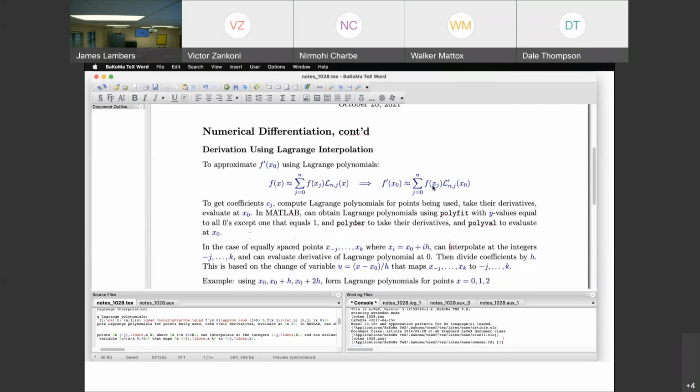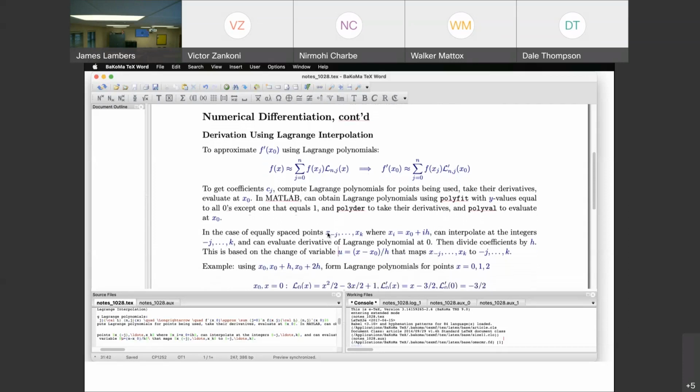So if your points at which you're evaluating f to approximate your derivative are equally spaced, then things simplify a little bit. Because what you can do is make a change of variable. u equals x minus x naught over h. Now, what this change of variable does is it takes your points at which you want to evaluate f and maps them to the integers that are just the indices of these points, from minus j up to k.